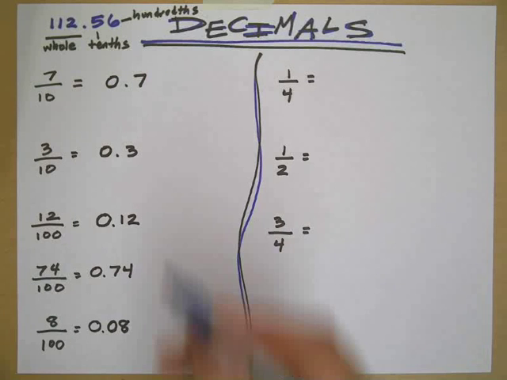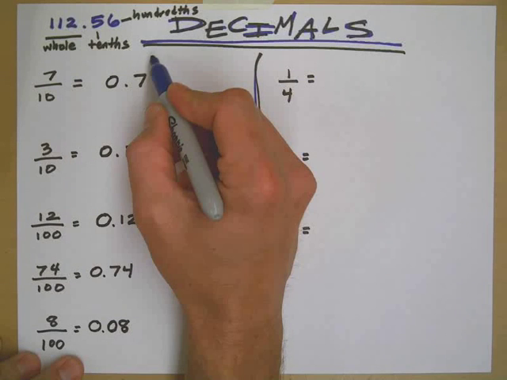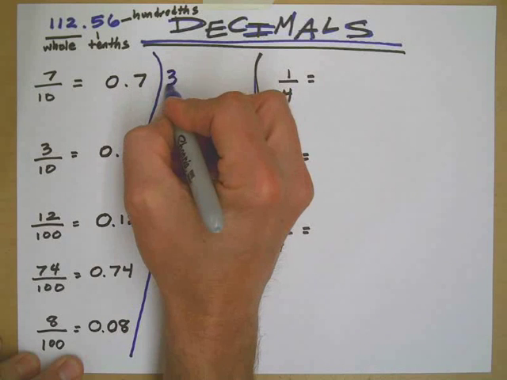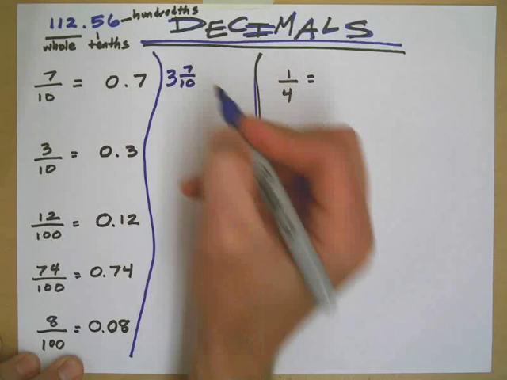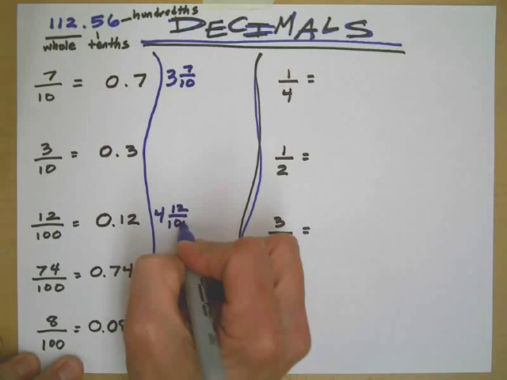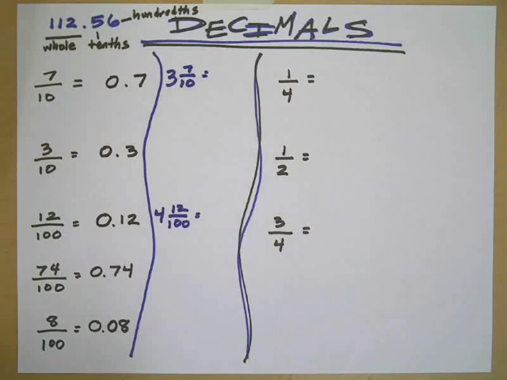Now the next step, and the kids have done this as well, is changing mixed numbers like 3 and 7/10 or 4 and 12 hundredths into decimals.